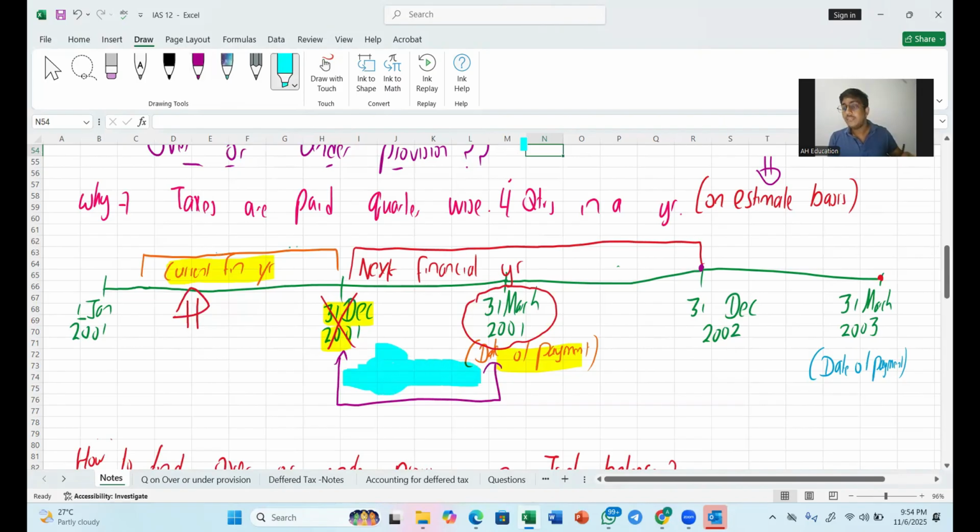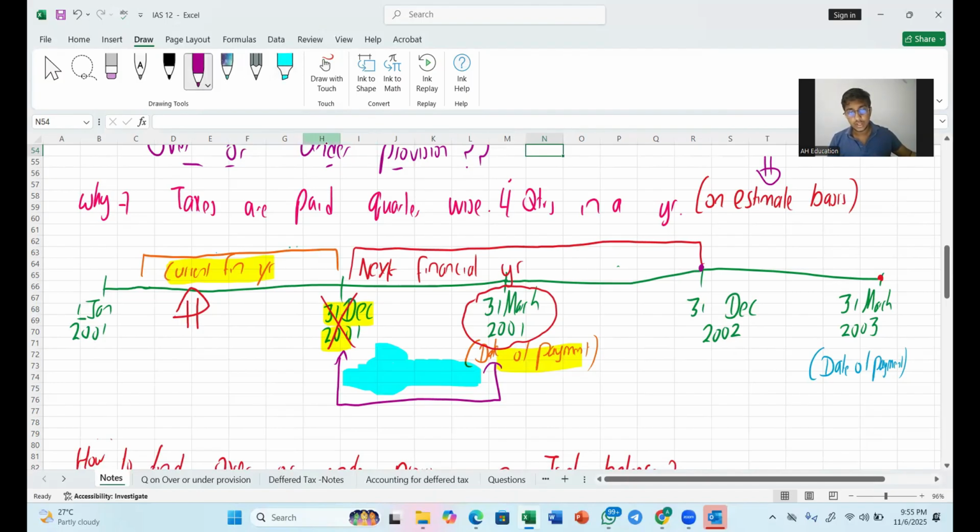After that only, you will find the revised profit before tax, and on that particular amount you will be charging your tax expense. And that amount only will be paid finally to the tax department of your respective country. Okay, that is it.